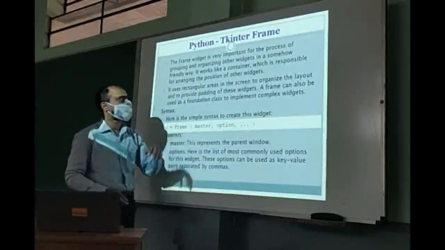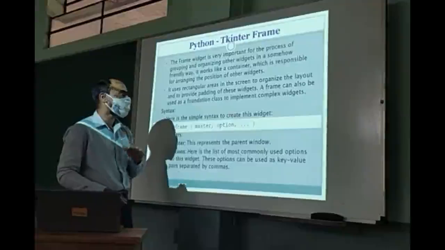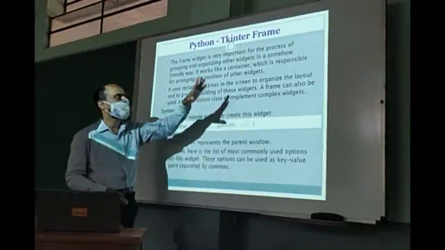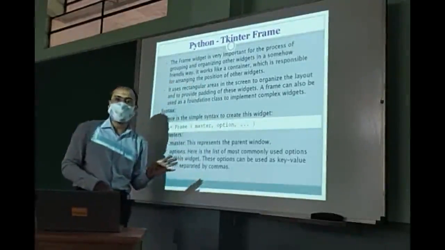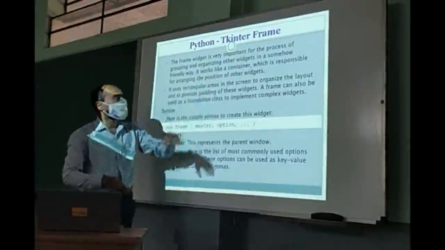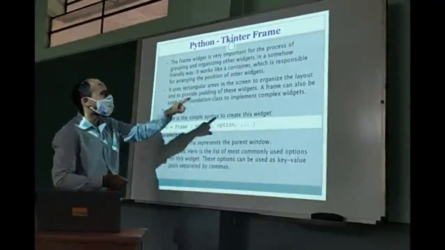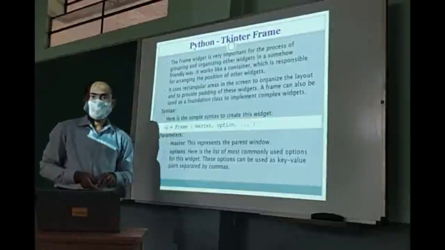The frame widget is very important for grouping and organizing other widgets in a user-friendly way. It works like a container which is responsible for arranging the positions of other widgets.